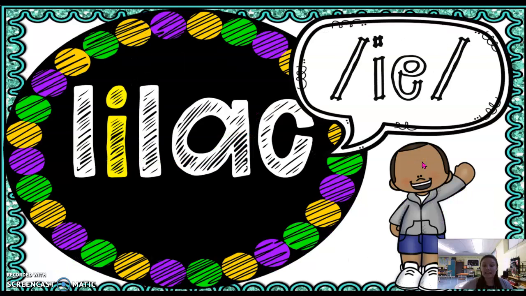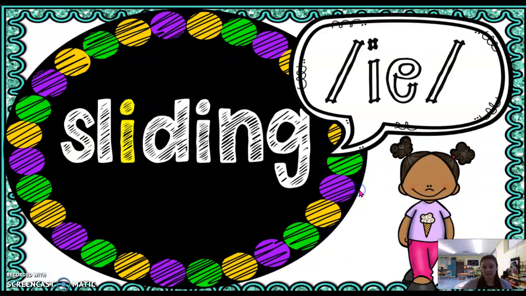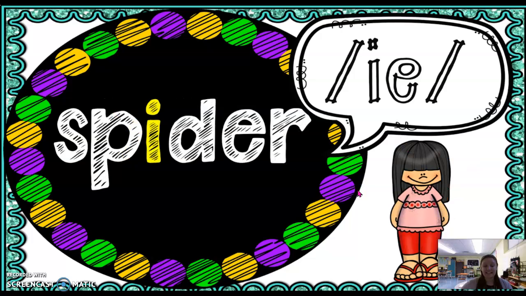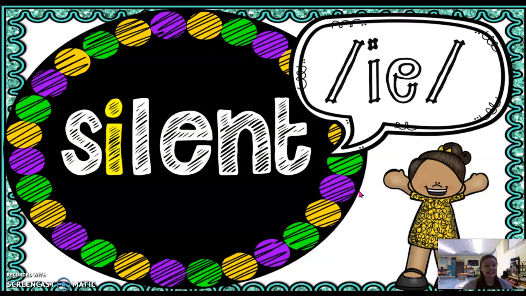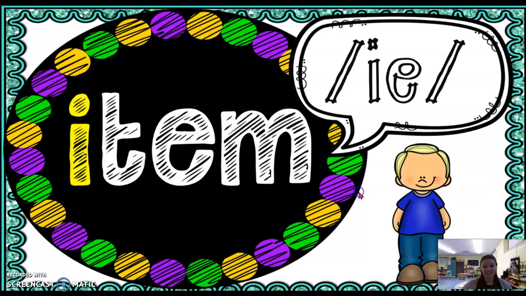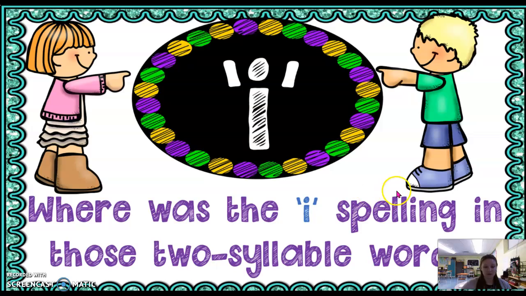Okay? Lilac, sliding, spider. I'm purposely saying them so you can hear the syllables in each word. Silent. Item. Where was the I spelling in those two-syllable words?